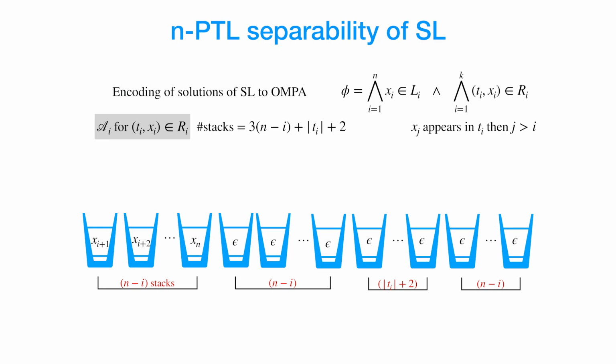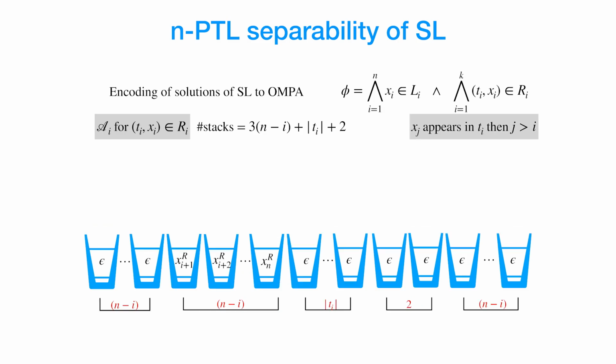So this is how we'll go about it in phases. In the first phase, we will pop the contents from the first n minus i stacks and push these contents in the next n minus i stacks. Simple. And at the end, we will get the reverse of each valuation in these second n minus i stacks.